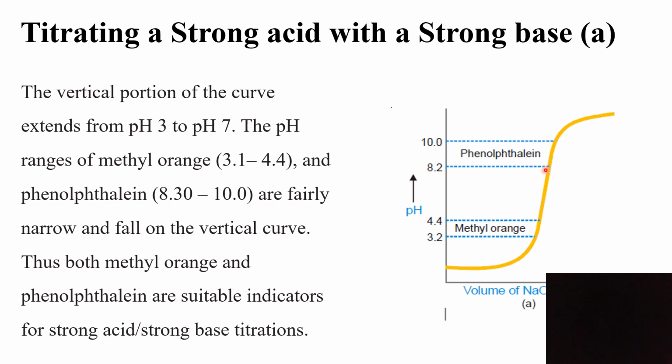Beyond this, the curve becomes almost flat, which shows the slight rise of pH when excess base is added. The vertical portion of the curve extends from pH 3.2 to 10.0 and is fairly wide. Thus, both methyl orange and phenolphthalein are suitable indicators for strong acid and strong base titration.